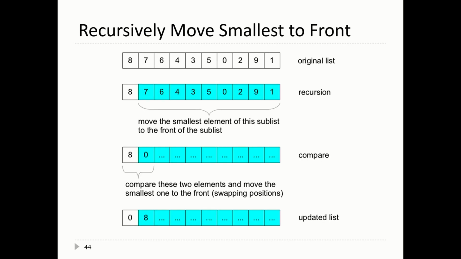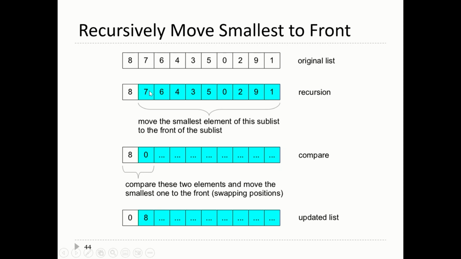To solve it recursively, again, it's always useful to draw out a problem. So I've got some list of random values, the values 0 through 9, shuffled into some random order. I'm going to ignore the first element of the list for the time being. Instead, I want to look at the rest of the list, and I want to move the smallest element in that list to the front of that list.